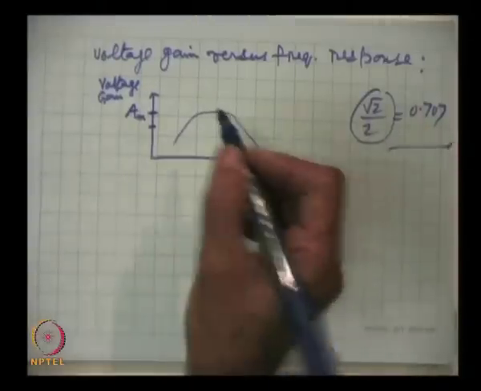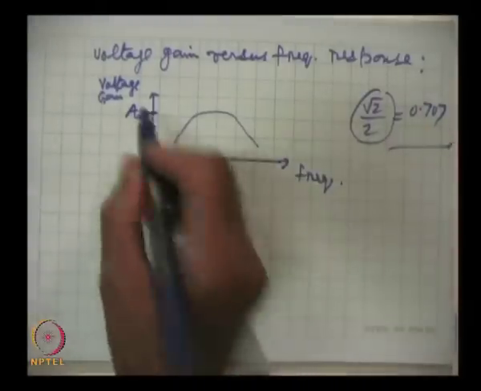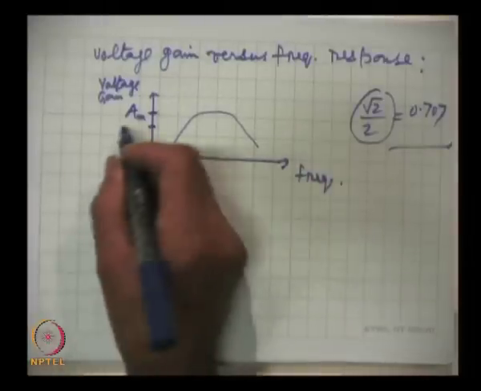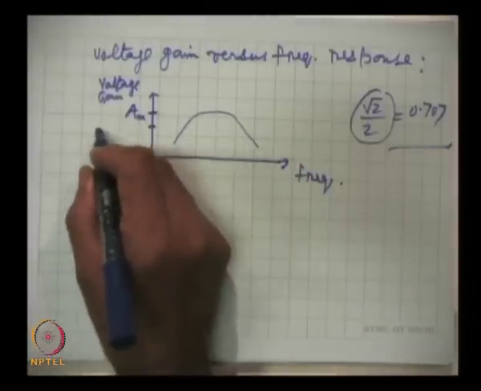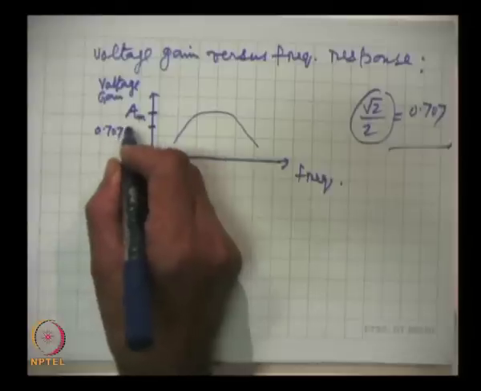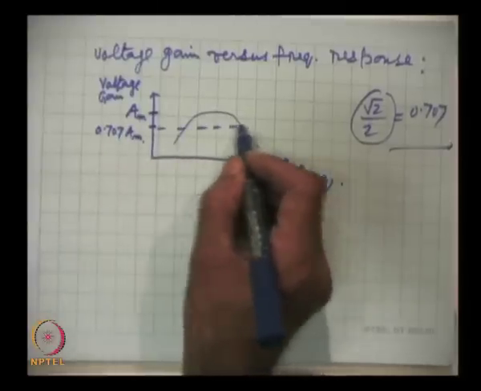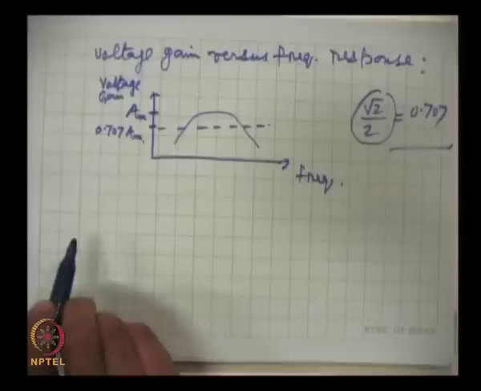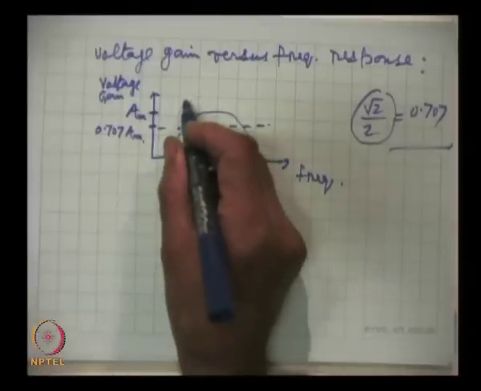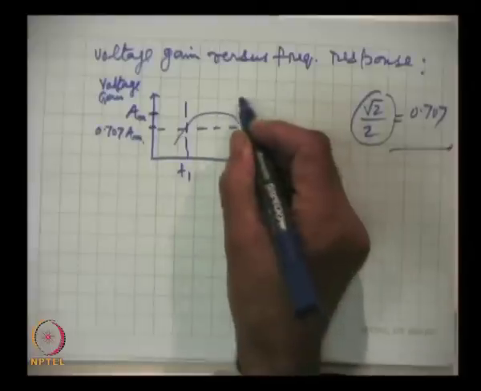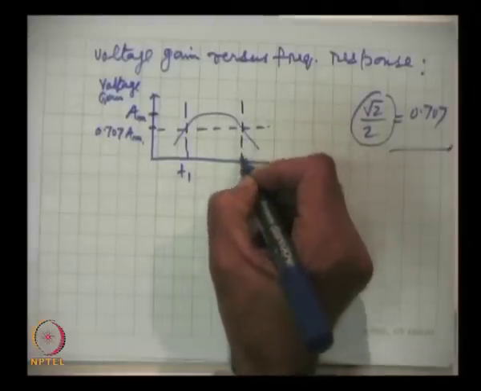When the gain falls to 0.707 of AM, we draw a line which cuts the frequency axis at 2 points. One is F1 and this is F2.